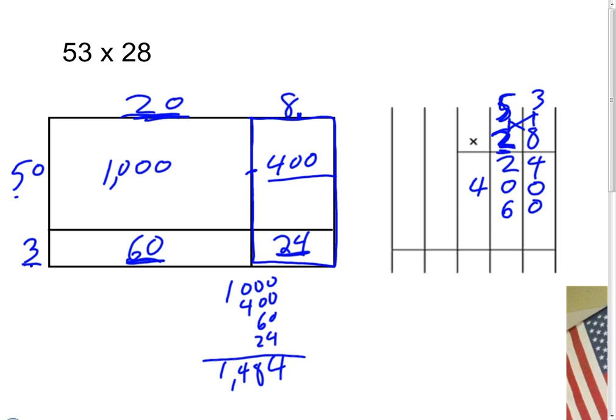We're multiplying this times this. What is that problem, everybody? It's 50 times 20, or 20 times 50, the same thing. It's not 2 times 5. And if you forget how to do that, just think of the pattern. 2 times 5 is 10. 2 times 50 would be 100. 20 times 50 would be 1,000.